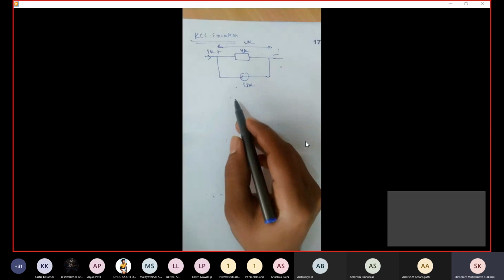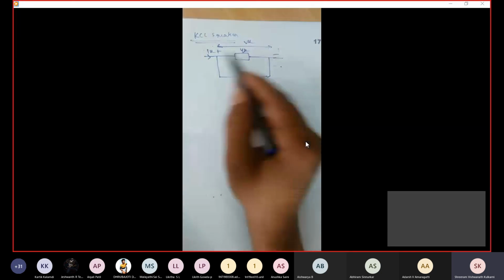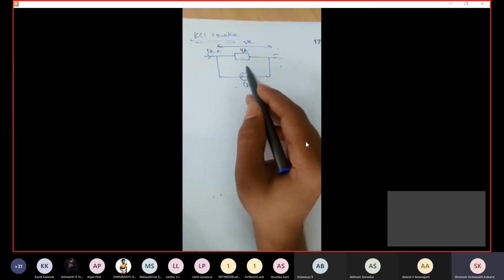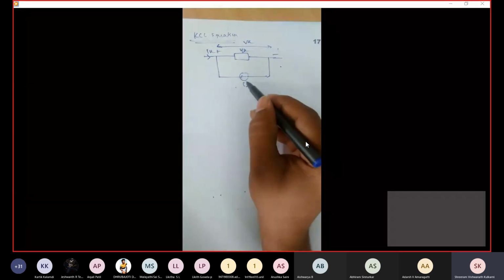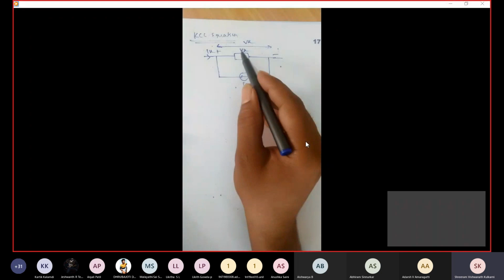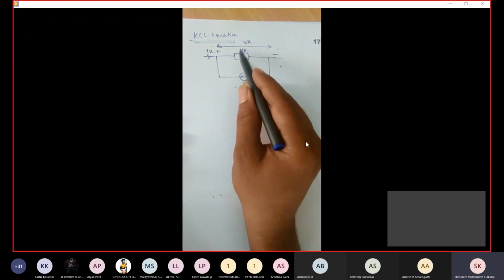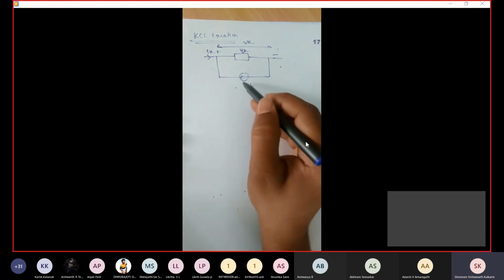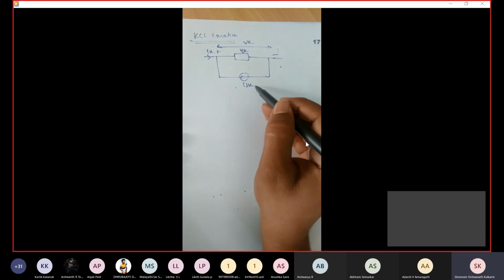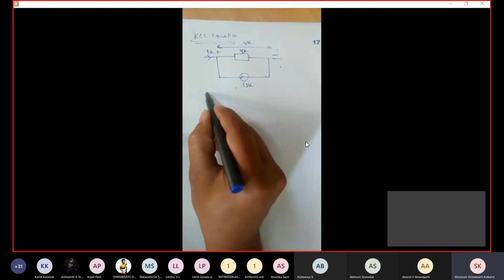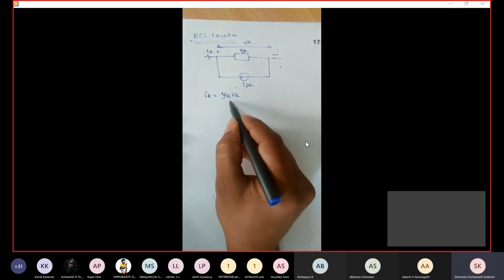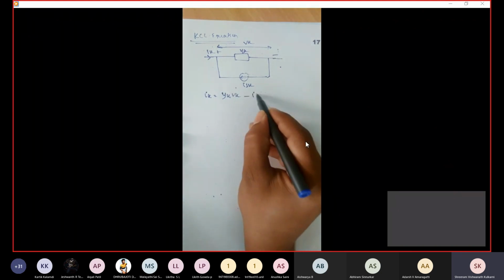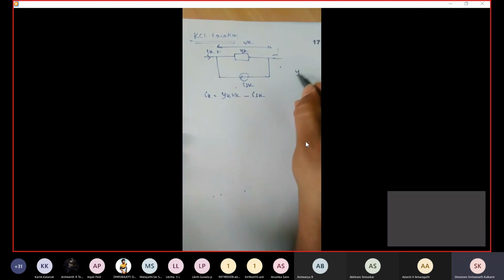If the branch K contains an input current source ISK and admittance YK, YK is the admittance, ISK is the input current source, then I can write IK equals YK VK minus ISK. YK is nothing but 1 by ZK, correct?